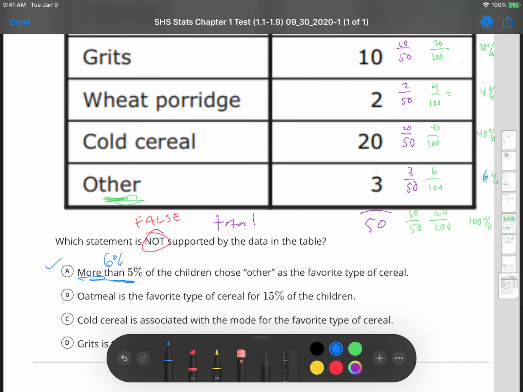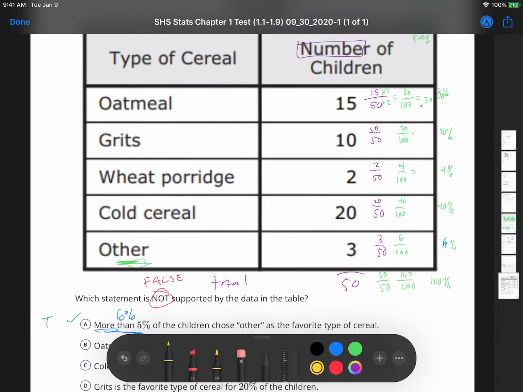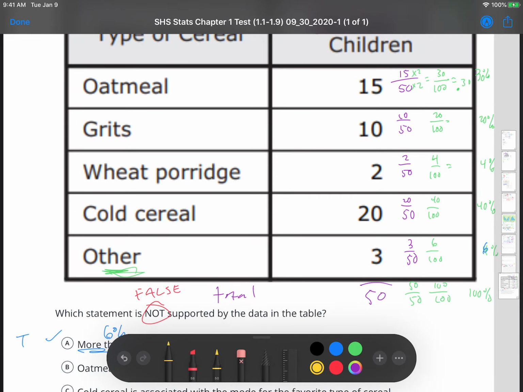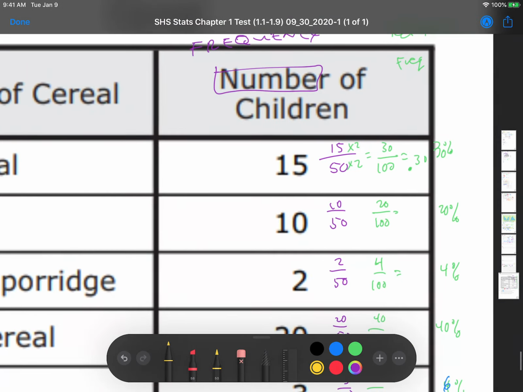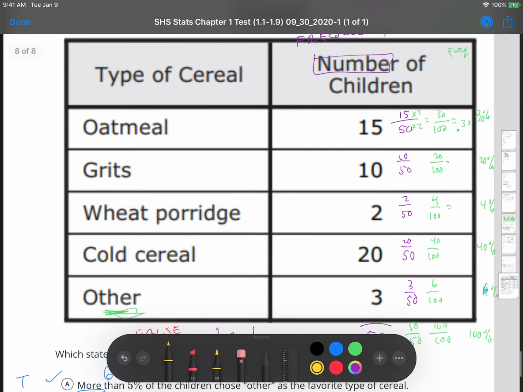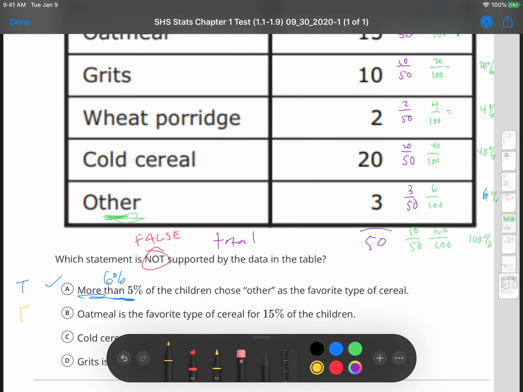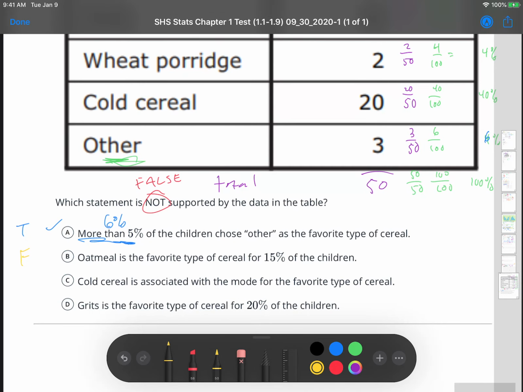So 6% is more than 5. That is true. Oatmeal is the favorite type of cereal for 15% of the children. 15 is the frequency, but not the relative frequency. The relative frequency is 30%, so that is false. This should be a count, a number of 15 children, not a percentage.